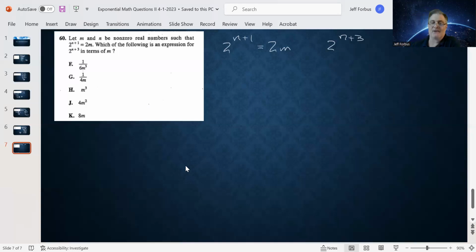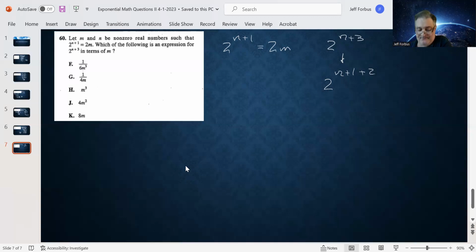There's a relationship here. So what I'm going to do is rewrite this. I'm going to say 2 raised to n plus 1 plus 2. Technically, 2 raised to the n plus 1 plus the additional 2 fits this idea of 2 raised to the n plus 3.